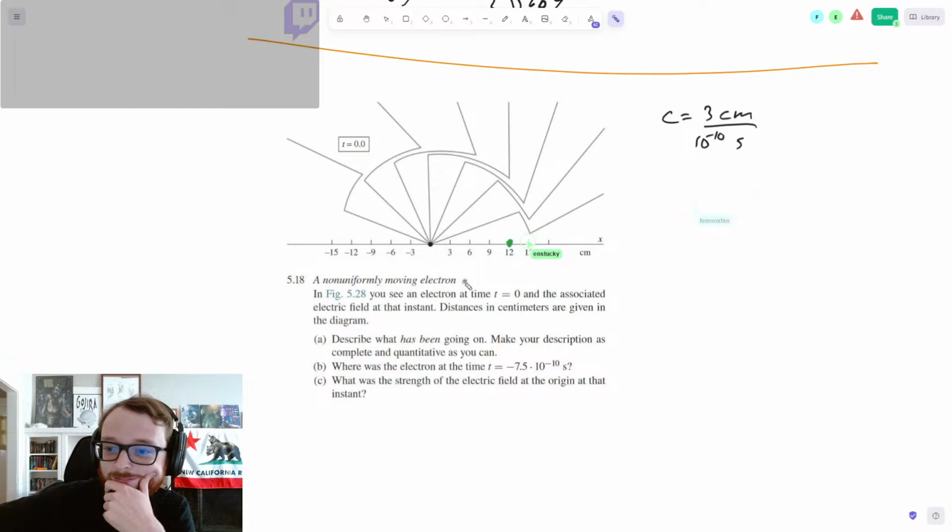Like if we pretend that this circle is at like 15, then the difference between things that know it's at the origin and things that don't are like 5 nanoseconds away, times 10 to the minus 10, whatever. Yeah.